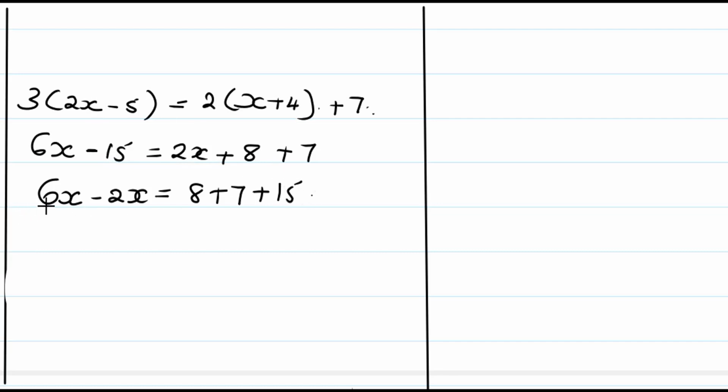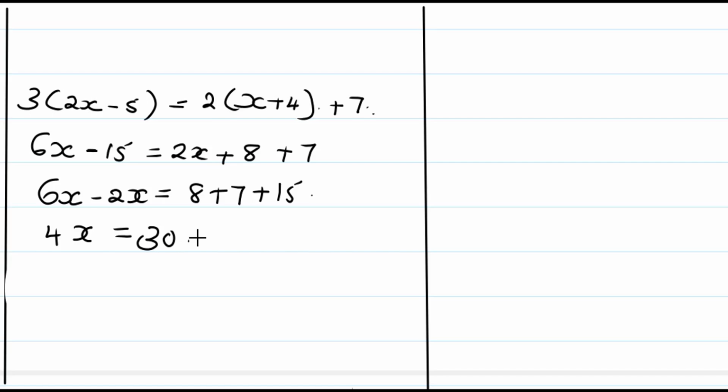Then next is to subtract: 6x minus 2x is 4x, is equal to 8 plus 7 is 15, then 15 plus 15 is 30, like that.